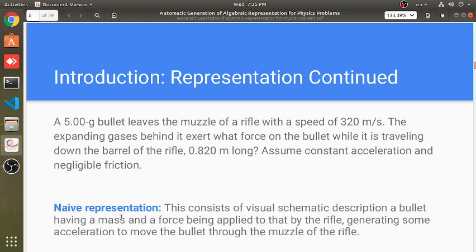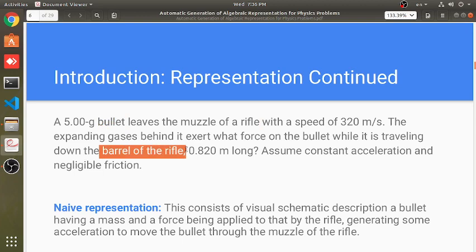The naive representation gives an idea about the schematics or the spatial relationship between the different objects present in this problem. For example, we have one bullet present inside the muzzle of the rifle, and it is moving down the barrel of the rifle.